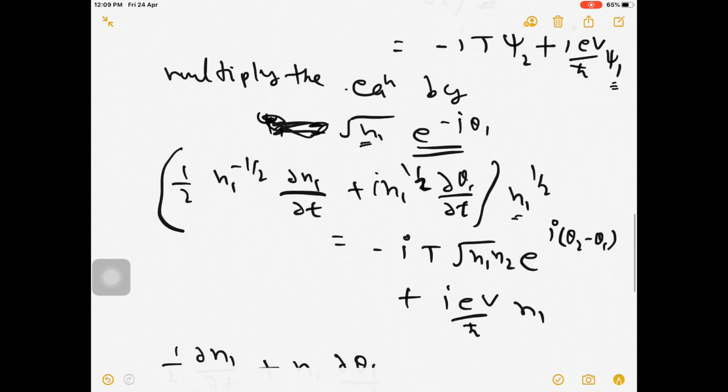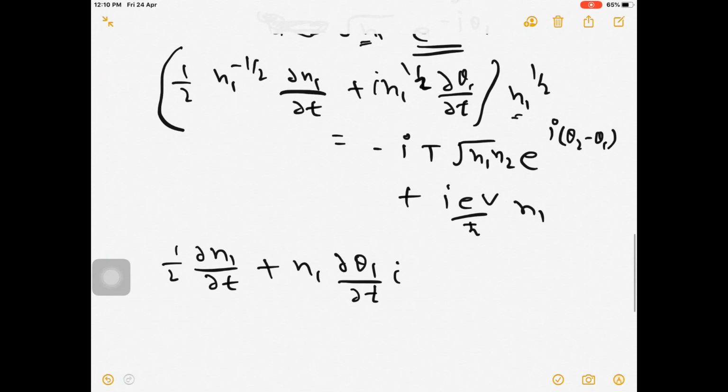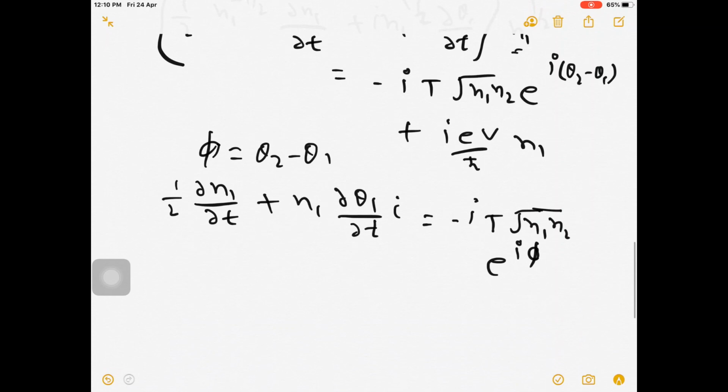Sorry for this inconvenience. And in the right hand side we will have minus iota T under root n1 n2 exponential iota phi, because phi is nothing but theta 2 minus theta 1, plus iota eV upon h cut n1.